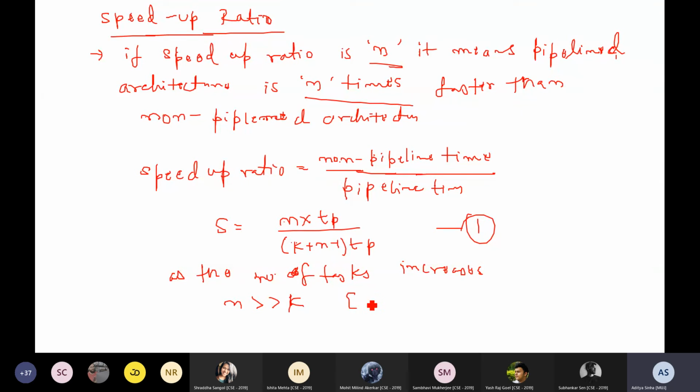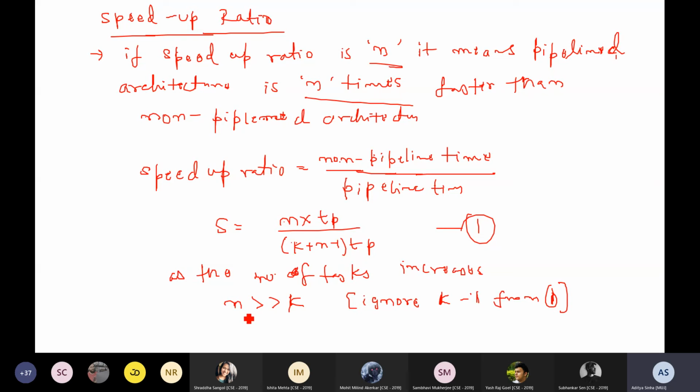So what we can do is we can ignore the value of k minus 1 from the equation number 1. अगर इन रियल लाइफ सिनारियो में जो इनपुट स्ट्रीम होता है n की वैल्यू वो k से बहुत बड़ा होगा. एग्रीड? डू यू एग्री विथ मी ऑन दिस स्टेटमेंट?